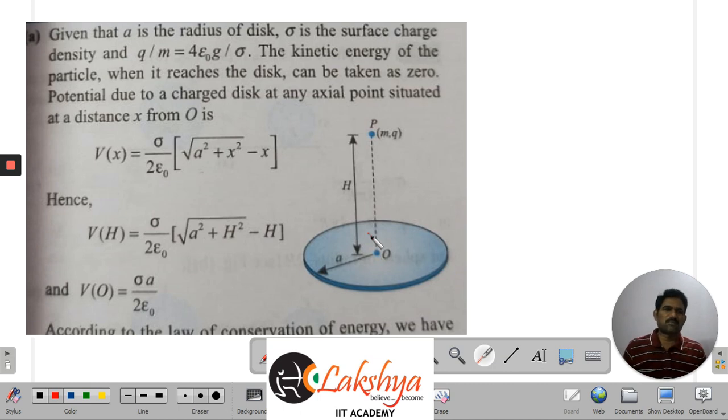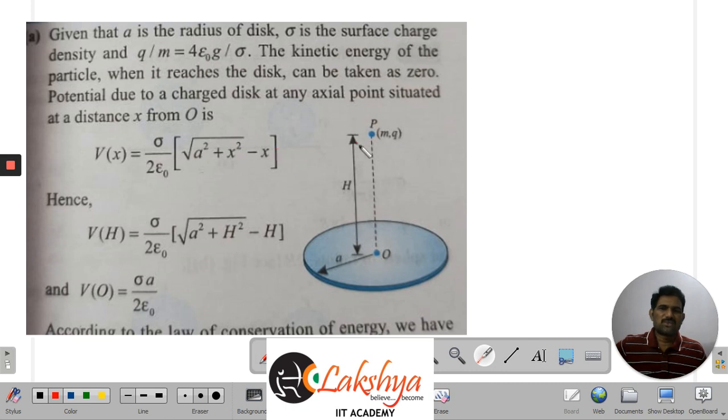Once the potential at that point is known, potential into the charge placed there gives the energy. So now the potential at a distance of h is the potential due to the disk. The formula for the potential due to a disk at a distance x on its axis is sigma by 2 epsilon naught into under root of a square plus x square minus x.